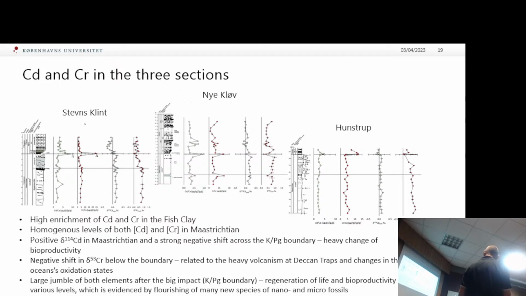We don't know why it's so negative there, because we only have 2 negative peaks in the nuclear section, and it's more around 0 in nuclear, whereas in Stevns Klint it really is negative. But there is also much higher resolution there. I had many more samples from Stevns Klint than I had from nuclear.